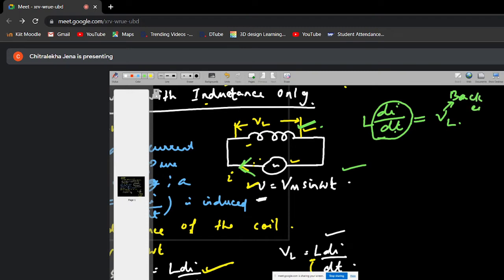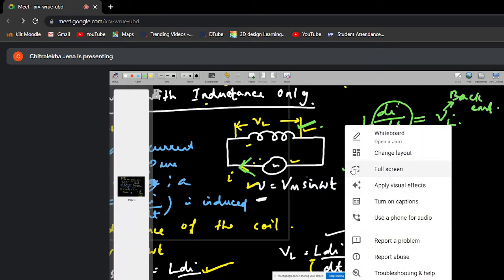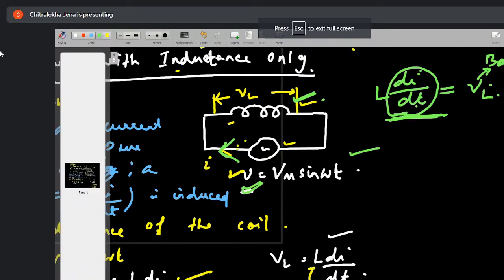Why is it called back EMF? Because Faraday's law tells that an EMF will be induced, and Lenz law tells us that an induced EMF will oppose the cause that produces it. Which is the cause producing the EMF? This voltage. So this voltage is the cause that has produced this EMF.